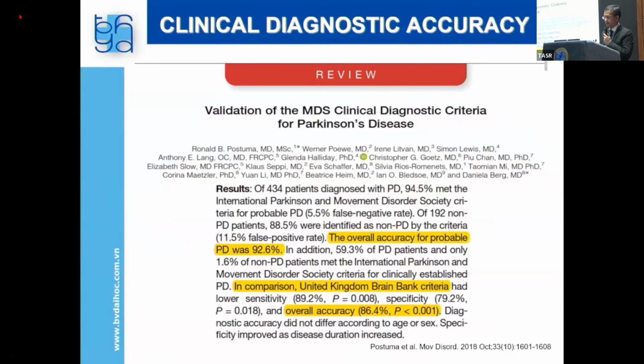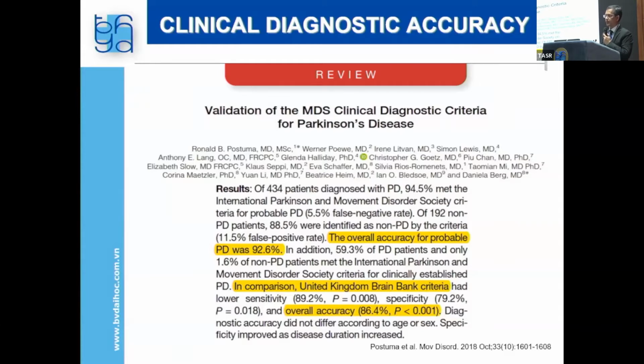What is the clinical diagnostic accuracy for this criteria? You can see this is the clinical study, and the study showed us the overall accuracy for probable Parkinson's disease was 92.6%. So you know this is a clinical study.